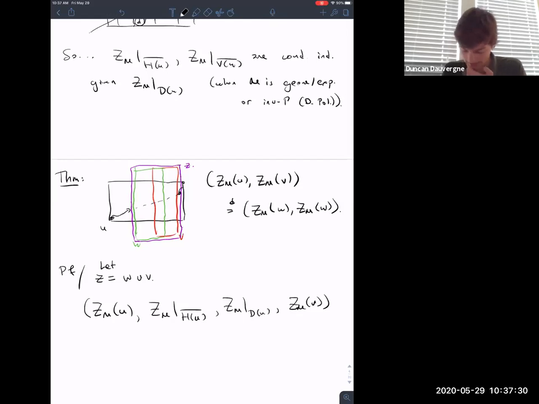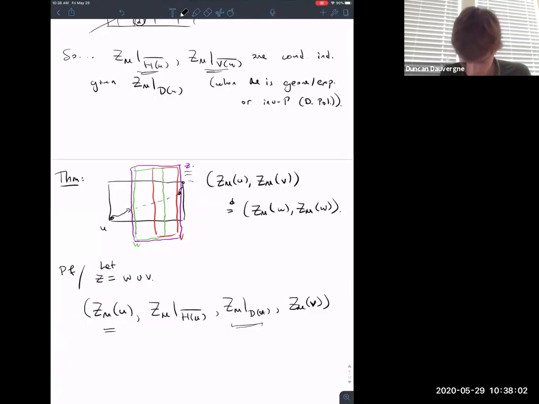The point is that because Zm of H bar of U and Zm of V bar of U are conditionally independent given Zm of D of U, you can see that Zm of V is something that's going from the bottom to the top across this box Z. Zm of H bar of U and Zm of U only require information that's going from the left to the right across Z. Okay.